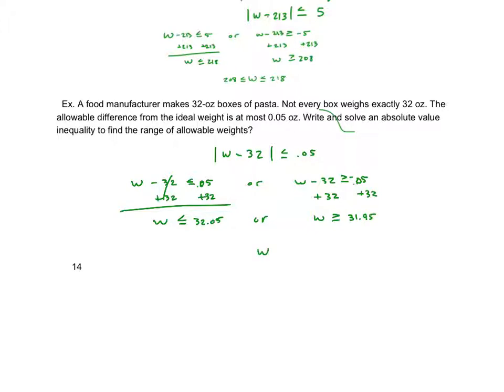So again, W is less than or equal to 32.05, and greater than or equal to 31.95, and remember that is ounces. And that is our writing. We wrote an absolute value inequality. We were able to solve and find the allowable ranges of weights for those products.